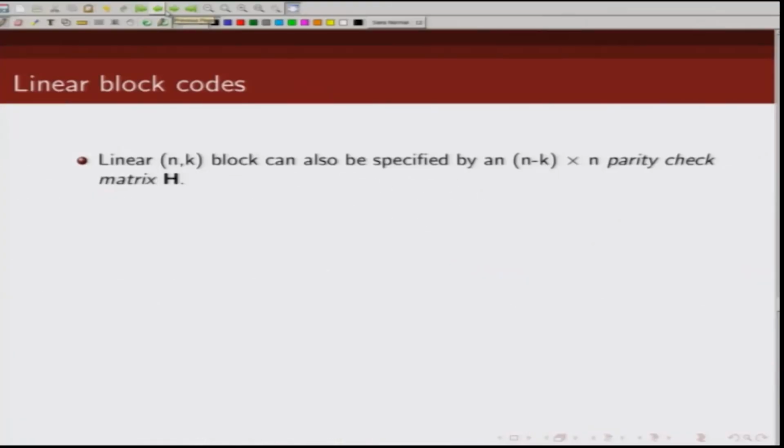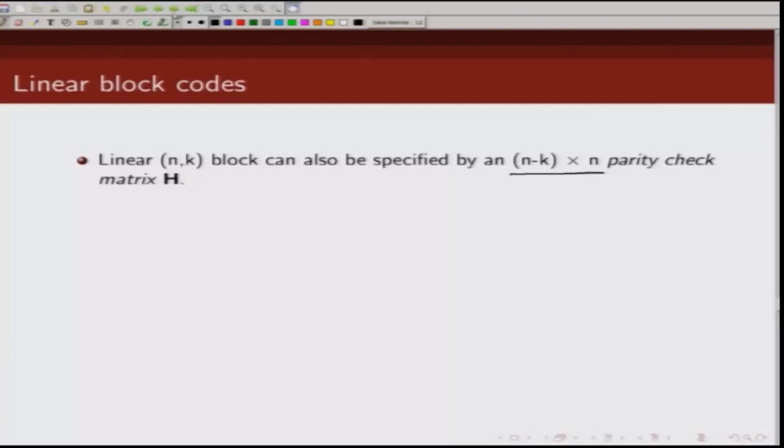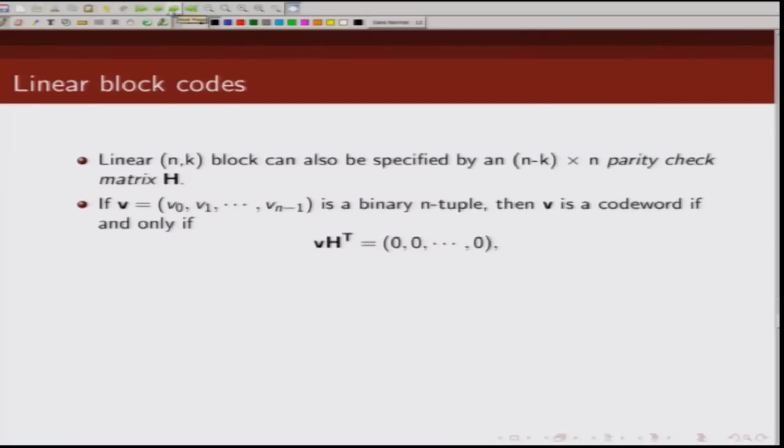So, an (n, k) linear block code can be specified by an n minus k cross n parity check matrix, which we denote by H. The generator matrix we denote by G, and the parity check matrix we denote by H. Now, this parity check matrix has this property that V is a valid code word if and only if V H transpose is 0. So, if V is a valid code word, V H transpose will be 0.